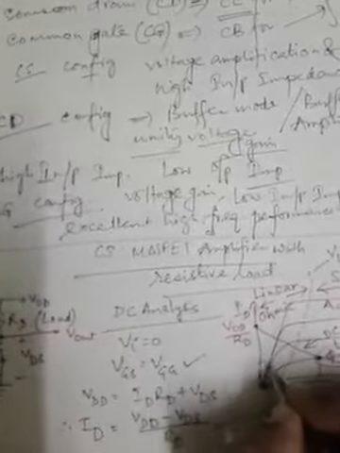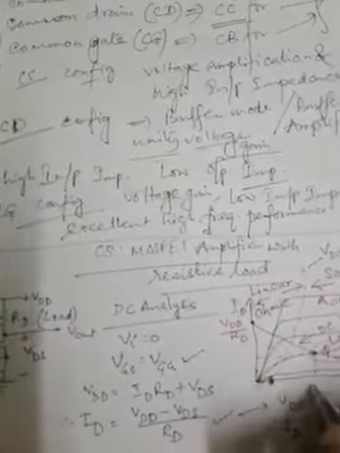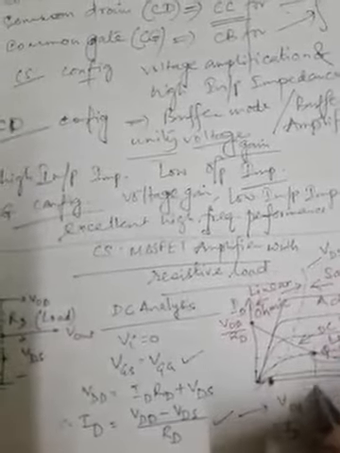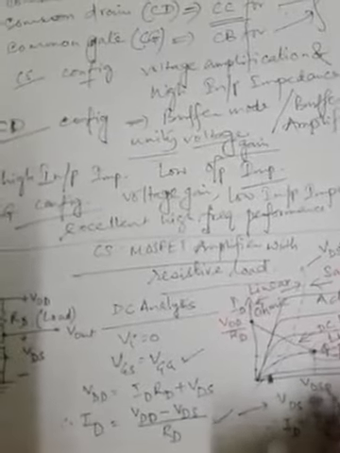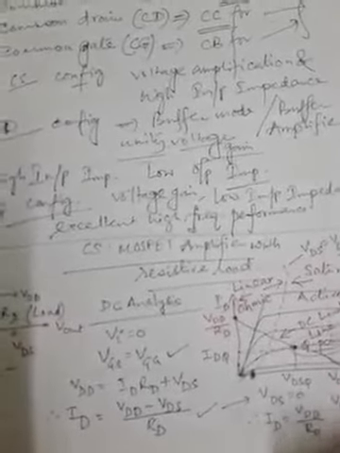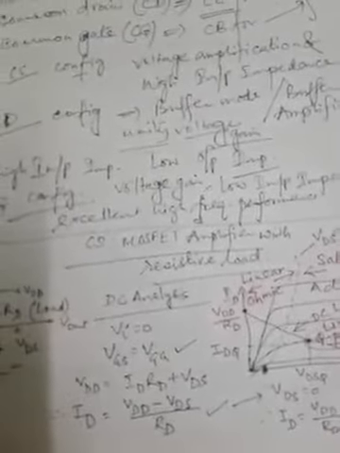If we draw two perpendiculars on the two axes, on the voltage axis it is VDSQ, that is VDS with respect to the Q point value, and on the current axis it should be IDQ. So the coordinate of this Q point should be VDSQ, IDQ. This is the way to find the Q point, and this is the value of the Q point for the DC analysis of the given circuit.